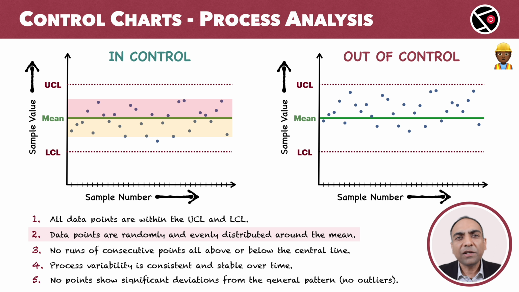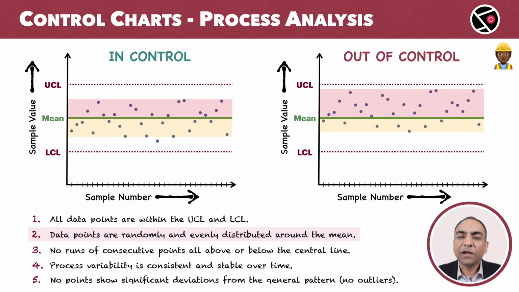Now look at these data points. The points are random, with no definite pattern, but the spread across the mean is not uniform. We have more points above the mean than below the mean. The process is not compliant with condition number 2. This is an out-of-control process.